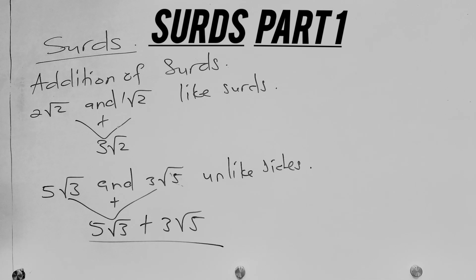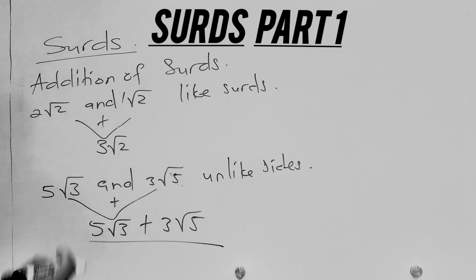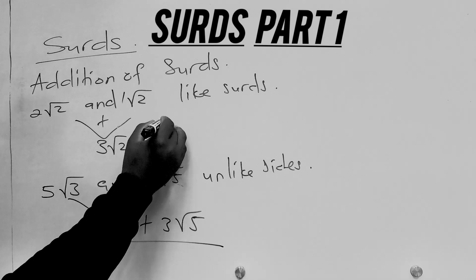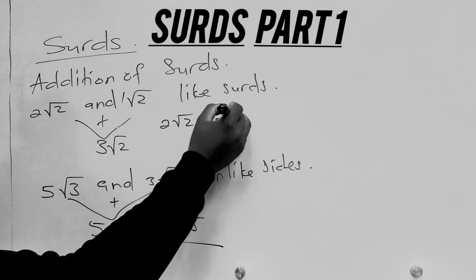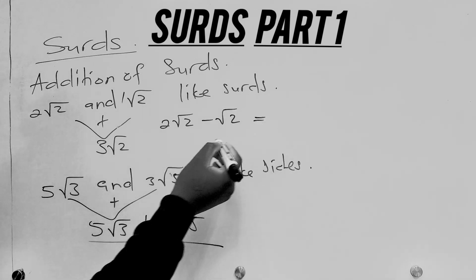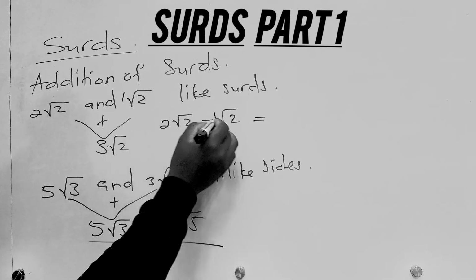Addition and subtraction is one and the same thing, we just treat it the same. Something like this: 2 root 2 subtract root 2 is equal to 2 minus 1 here.